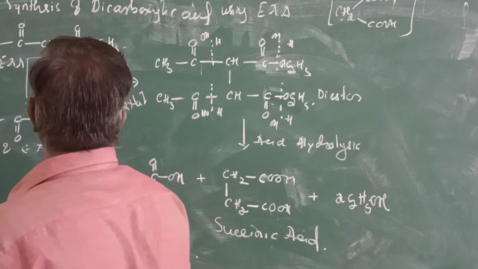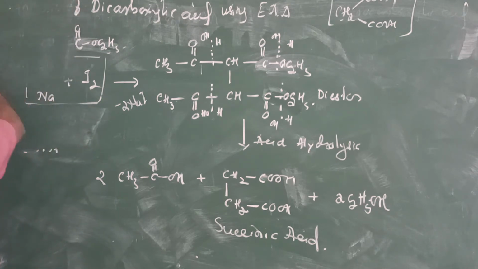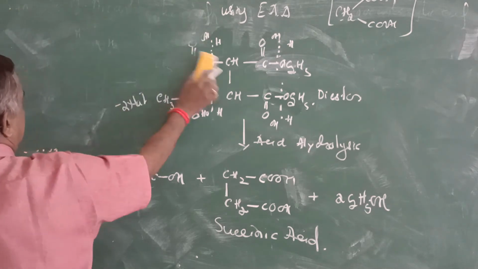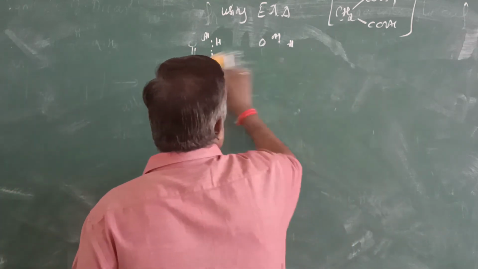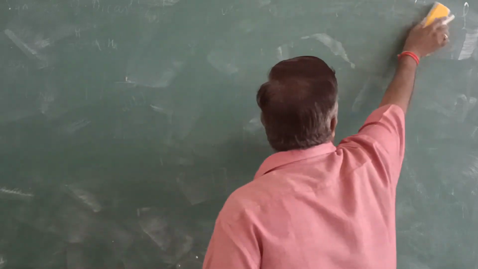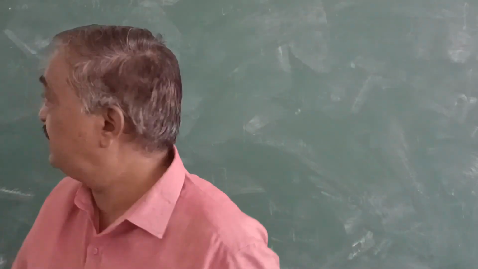Now, synthesis of ketone is over. Synthesis of monocarboxylic acid is over. Synthesis of dicarboxylic acid is over. Now, the last part of this is how do you synthesize a simple heterocyclic compound? Simple heterocyclic compound using EAA. Right?